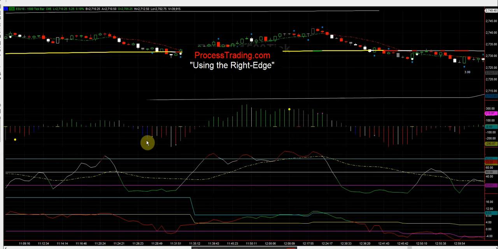Well, for one thing, in our supply side, we had blue bars here. Just like the magenta meant that price would likely go up in the demand side, the blue bars represent buying within the supply side of the histogram.